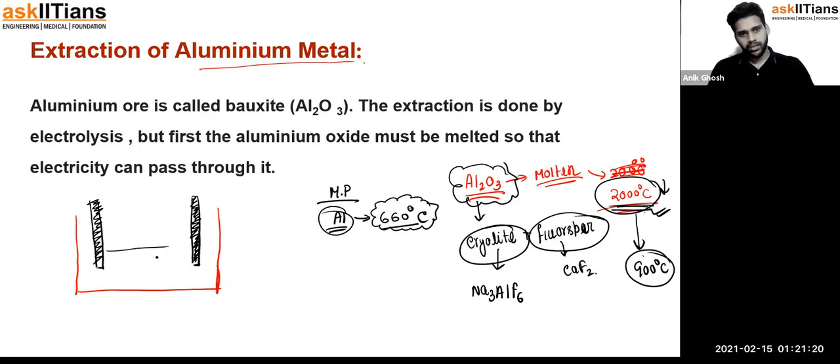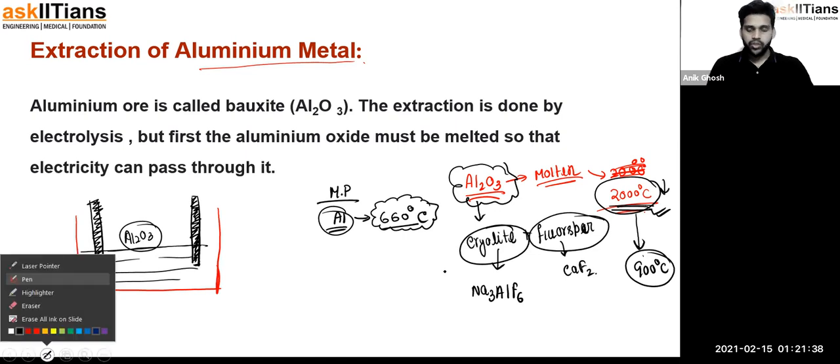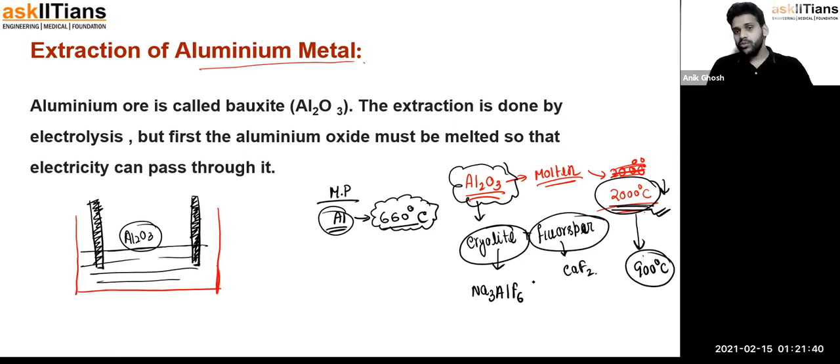Okay, this is where I put Al2O3. Now what would happen? Look, there is another problem that most students face. You might be thinking, here also a very good competition is getting generated, isn't it?